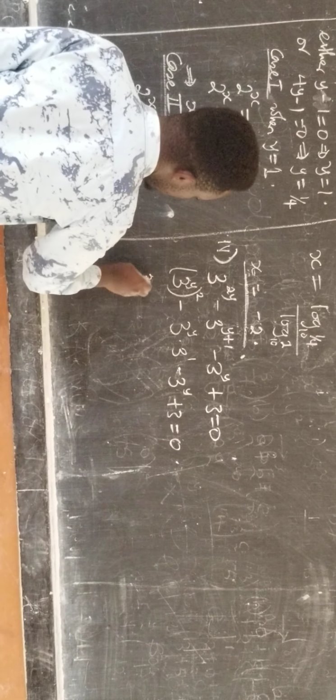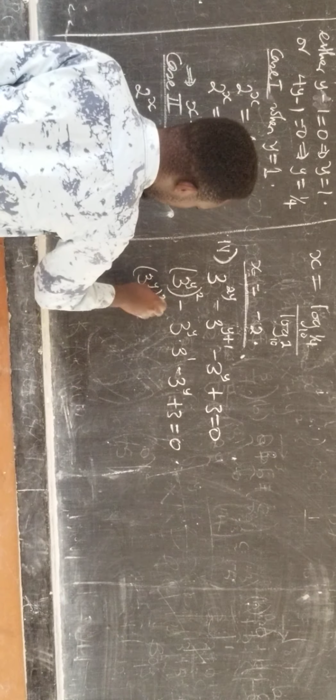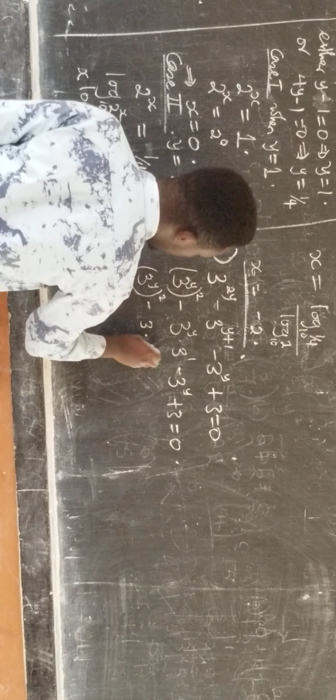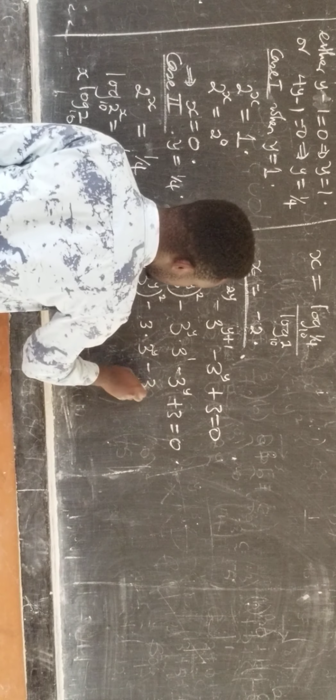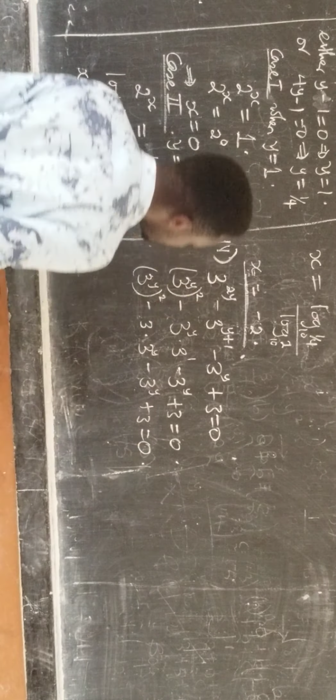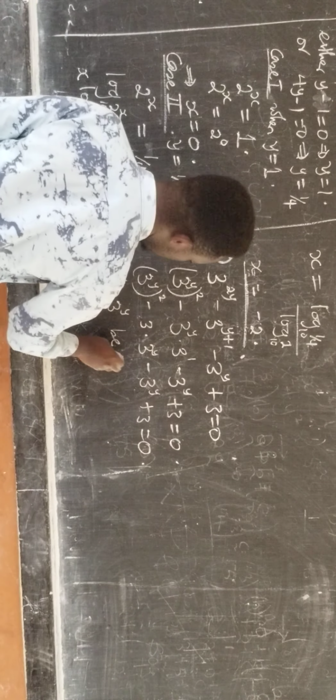Now this will be 3 power y squared minus 3 into 3 power y, then minus 3 power y plus 3 is equal to 0. Is that okay? So I can let 3 power y be, I can call it m.